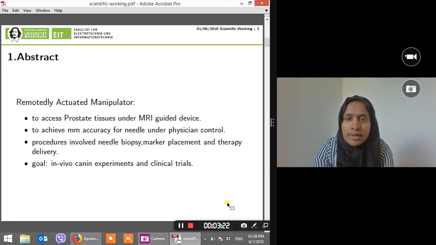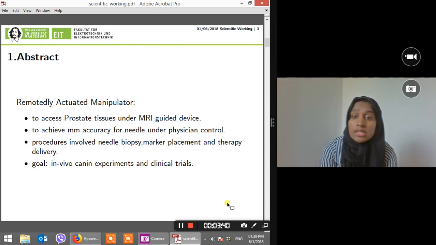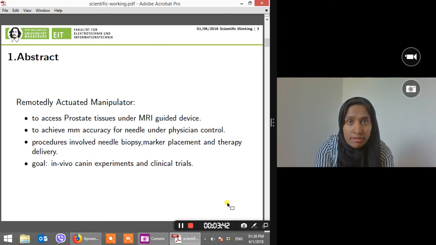I will be explaining it later. The actual purpose is to achieve millimeter accuracy for the needle under physician control. At the end of our presentation, we will evaluate whether we achieved this millimeter accuracy or not. This is our main purpose, and whether it is under the control of the physician or not.